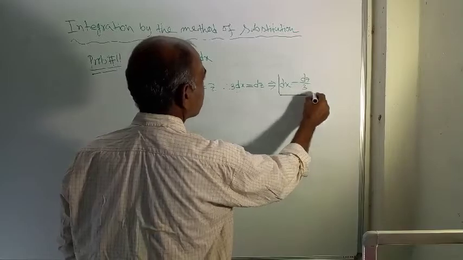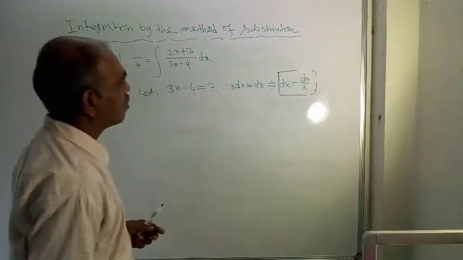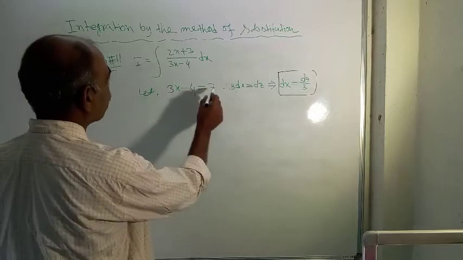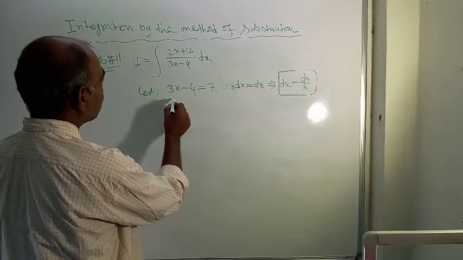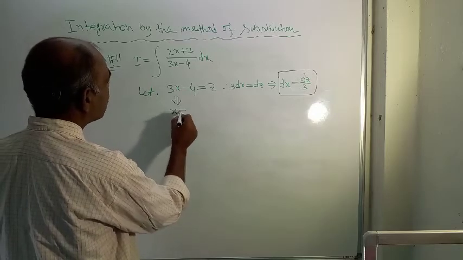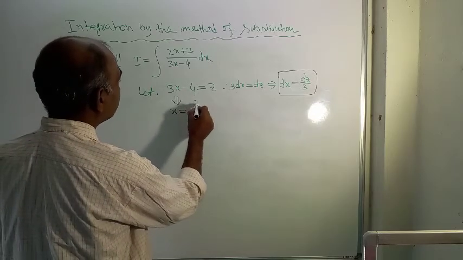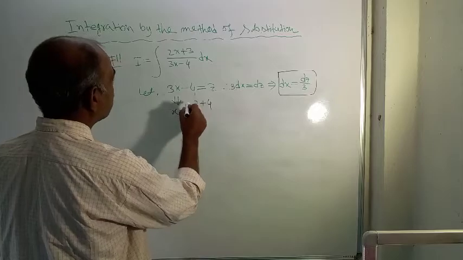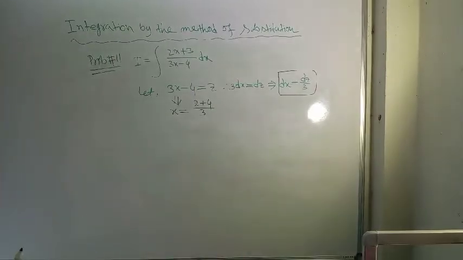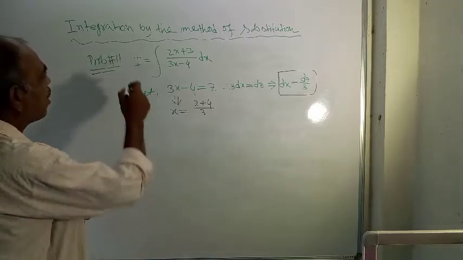This thing we have got. And one more thing, from here we are getting x is equal to z plus 4 by 3. Now use this one.